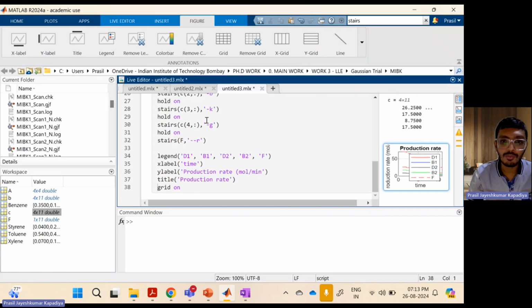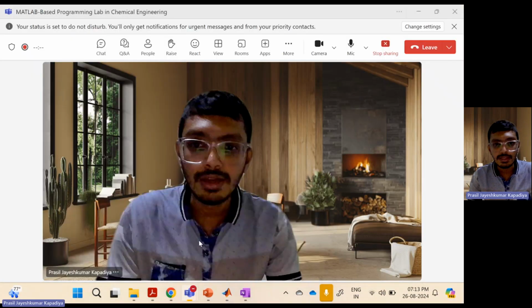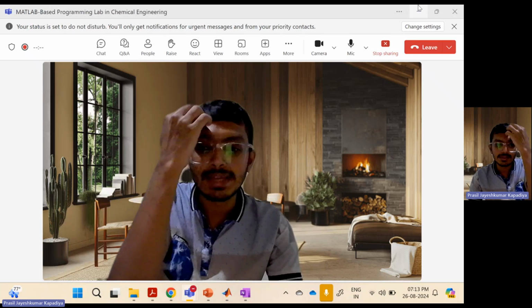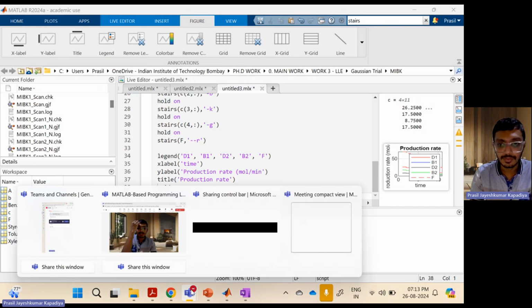So this was the problem from our chemical engineering background of mass balance of multi-component distillation column. And we have solved these equations using linsolve command, a slash b inverse of matrix. So this is how we can do that.